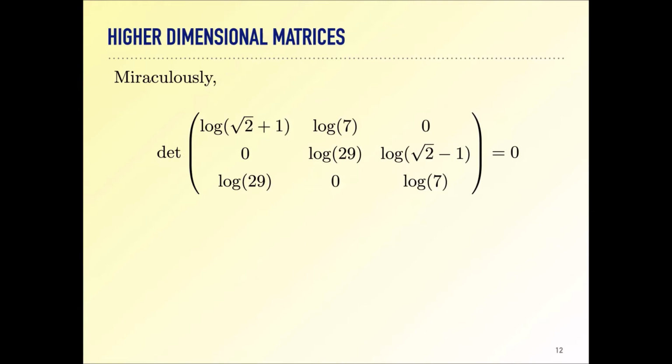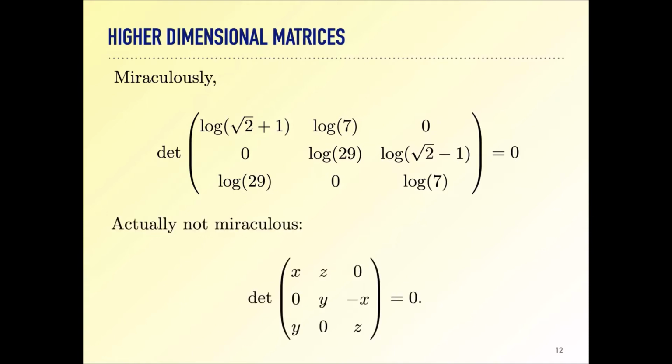These are random numbers I picked, and it's a trick, which is that there's an algebraic reason why this is true. You've just plugged in log 7, log 29, and log of root 2 plus 1 into some determinant that's algebraically equal to 0, and you can check that the rows and columns of this matrix are not linearly dependent over Q.